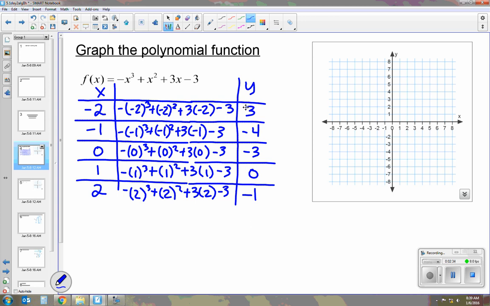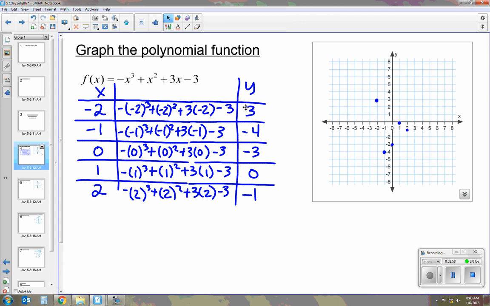So we have a -2, 3, a -1, -4, a 0, -3, a 1, 0, and a 2, -1. Okay, and what we're going to do is we want to see where this ends up. We've got to figure out the end behavior.